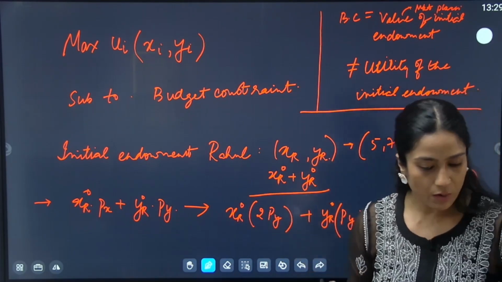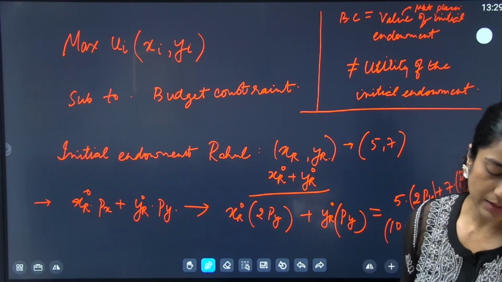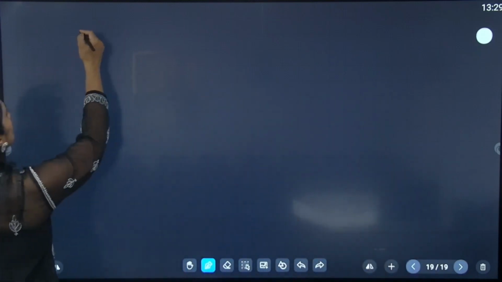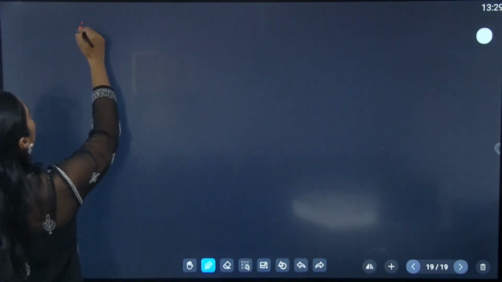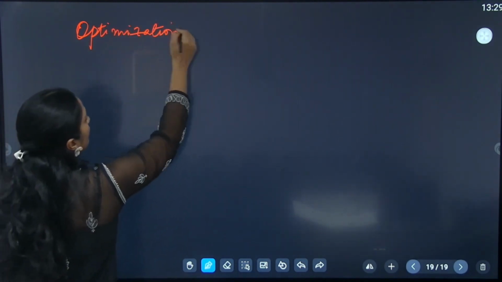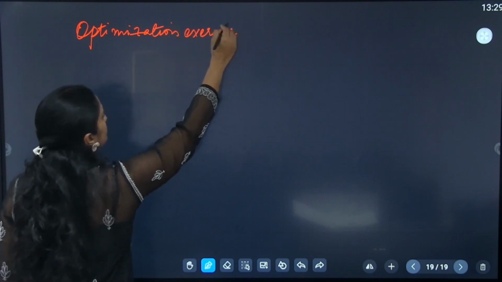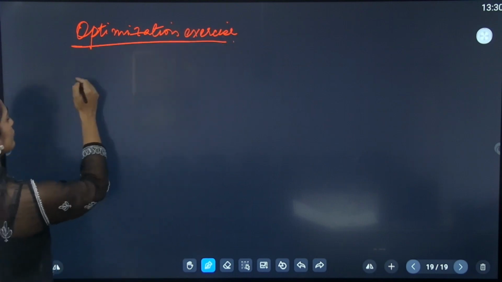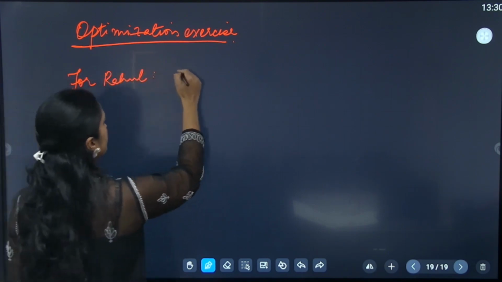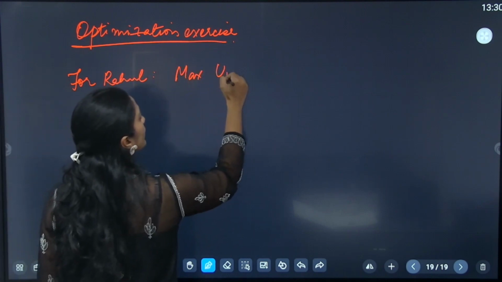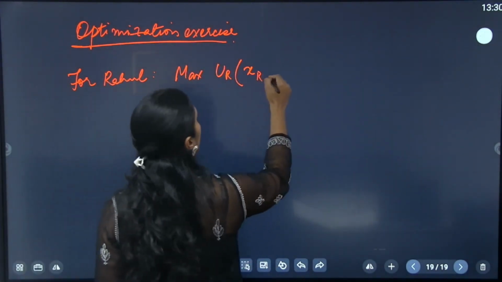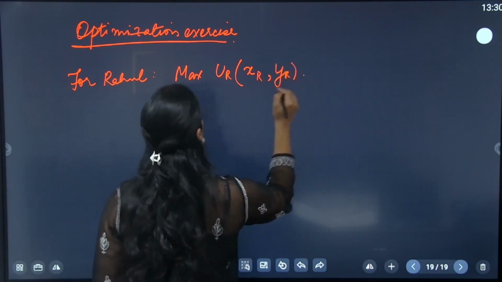Okay? So now what we have is that, suppose for Rahul, the optimization exercise will look like this. So Rahul will be maximizing utility given the bundle that he ends up with, right?